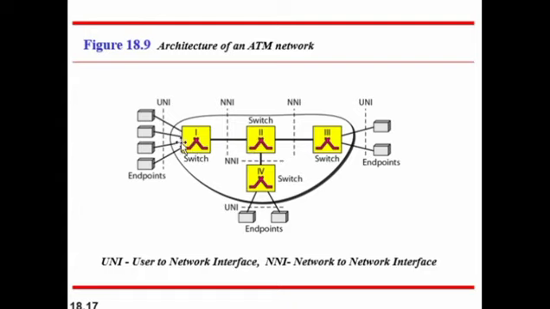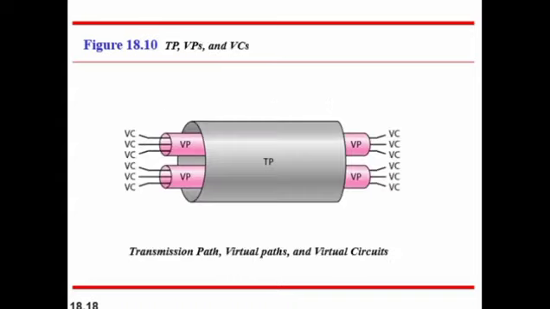So this is the difference between both. The next is transmission path, virtual paths, and virtual circuits. The virtual circuits pass through the virtual paths, and this is the transmission path, right? On the transmission path we have some virtual paths, and the virtual paths comprise some virtual circuits.